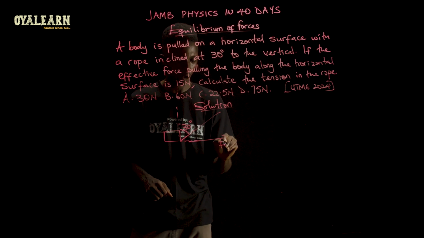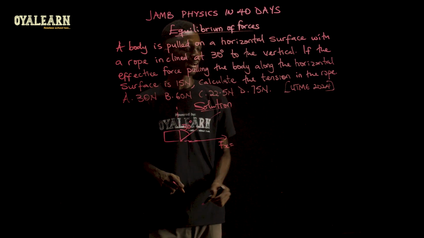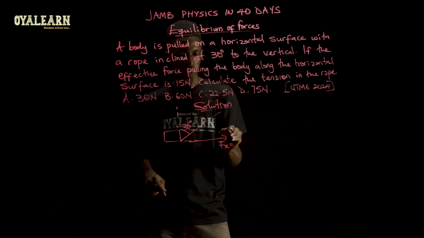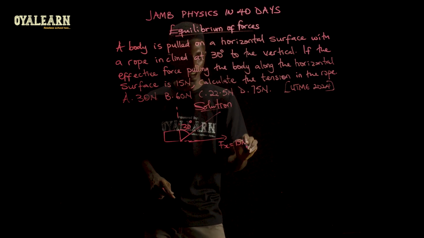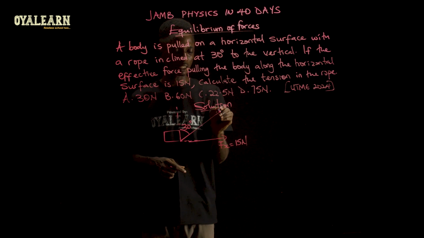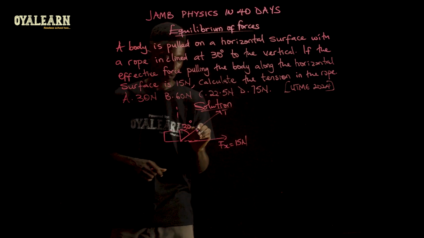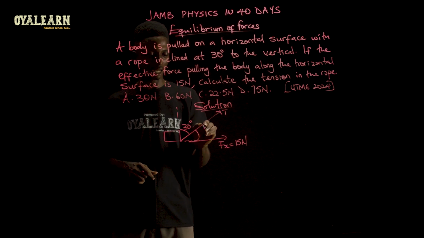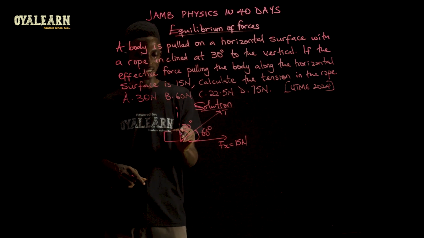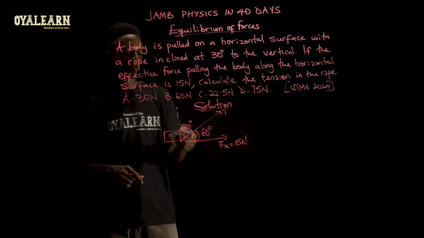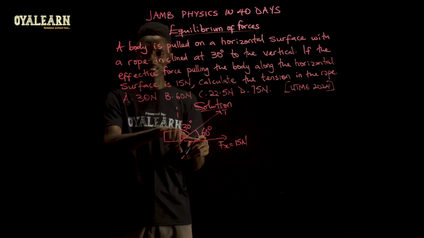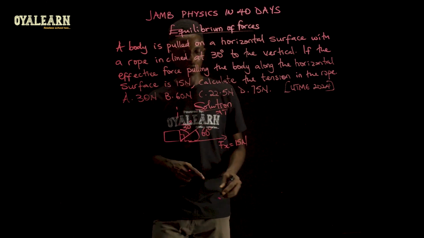So that is F of X, given as, according to the question, 15 newtons. To find the tension T here, we need to resolve this angle here. So this angle will be 60 degrees. Remember that this is a 90 degree here, so 90 minus 30 is what gave us this 60 here. So now let's go on to solve.